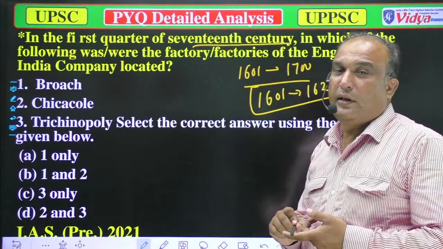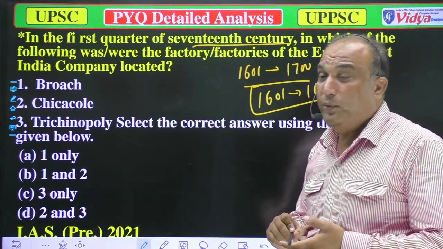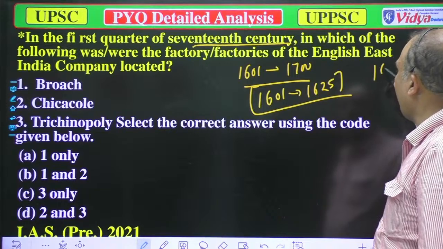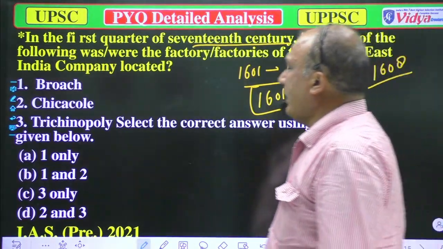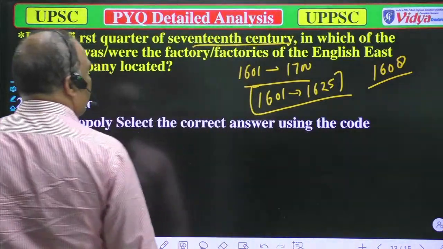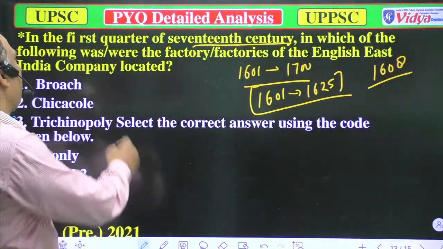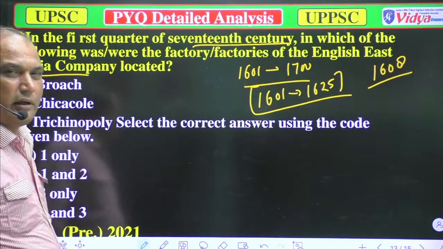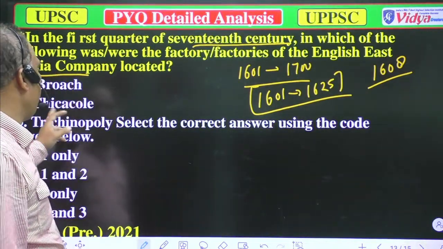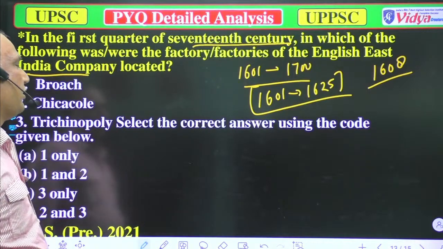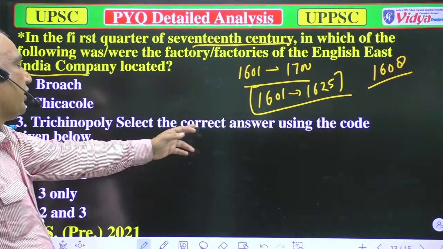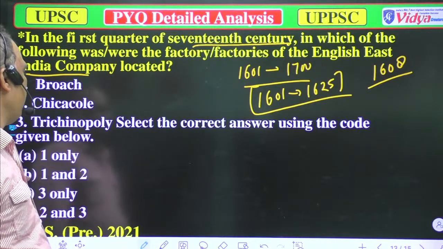And we are talking about the 17th century. It means when the East India Company came to India, 1608, and the options are Bharoch, Chikakole, and Trichinopalli. So select the correct answer using this.